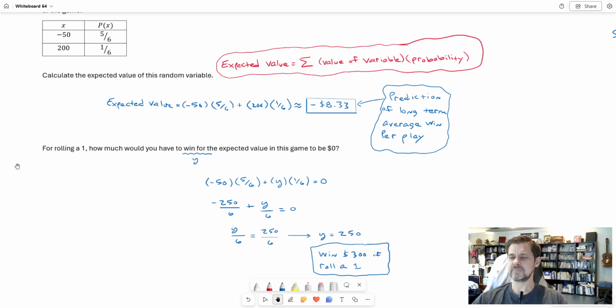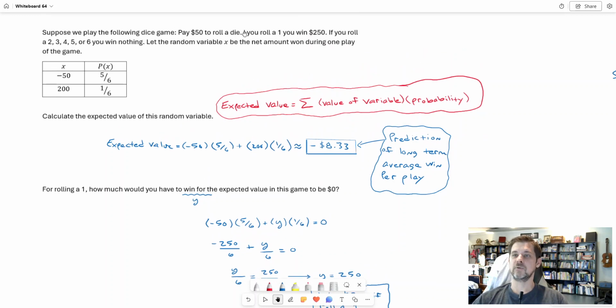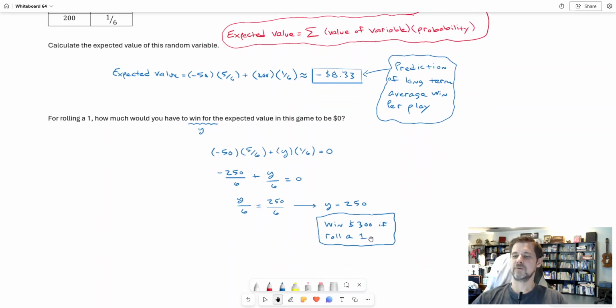Now, I'm going to give you my answer: I have to win 300 for rolling a 1. So the game would have to be presented to me like this: in order to break even in the long term, I would be handed $300 if I roll a 1. I still pay 50, but then I'm handed back 300.